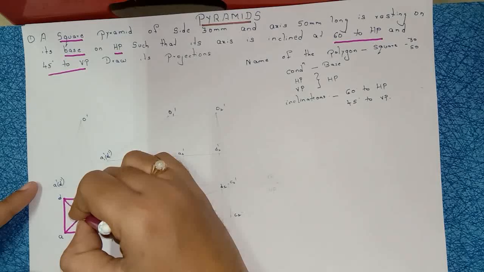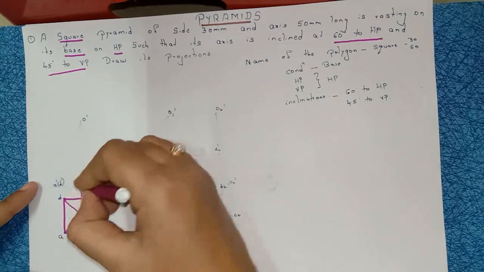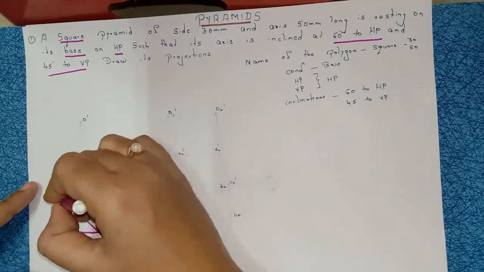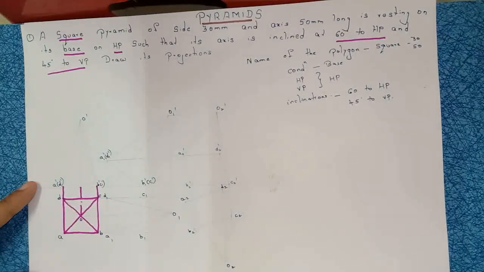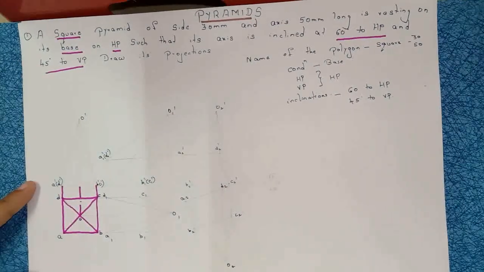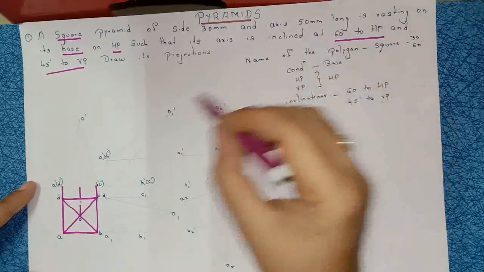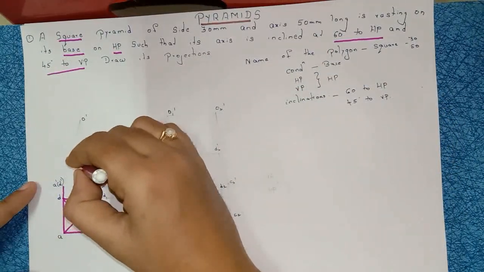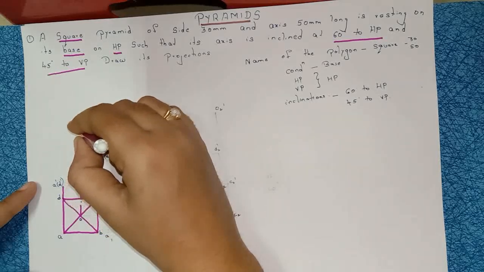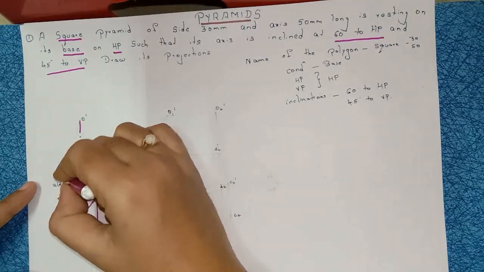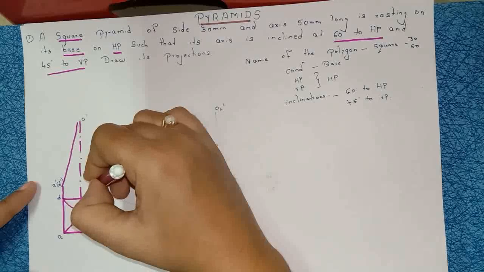Now from the O point, draw the axis line till the reference line. Project all these corners till the reference line. Now, how much is the axis height here? 50 mm. Draw the axis height 50 mm. Construct the triangle here.